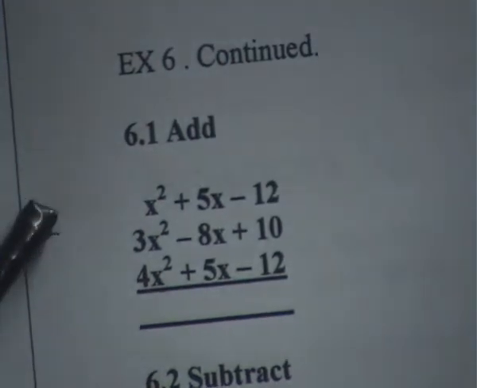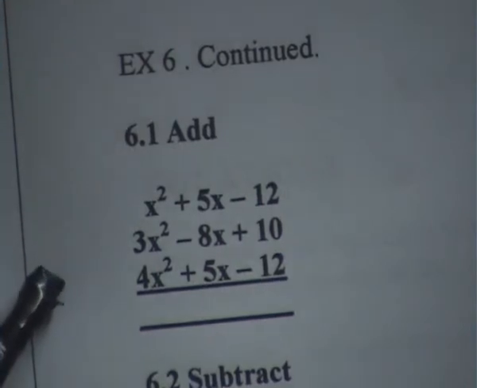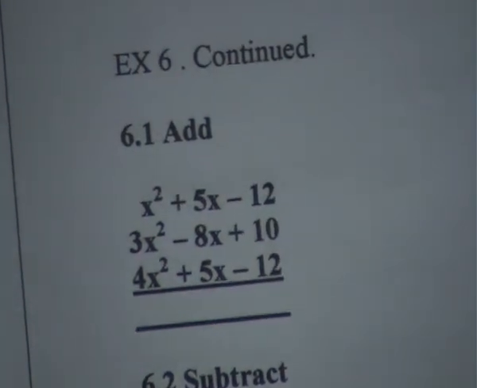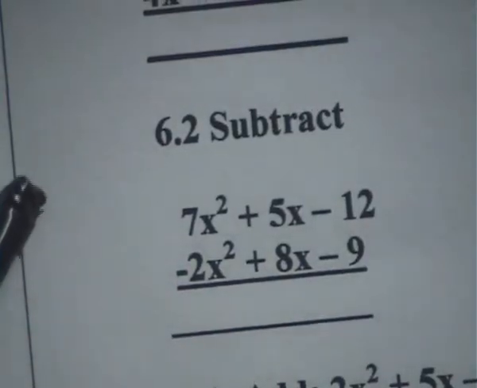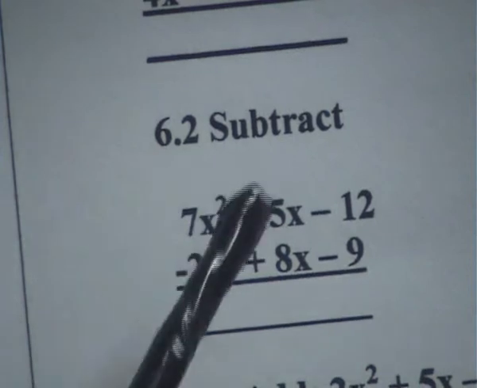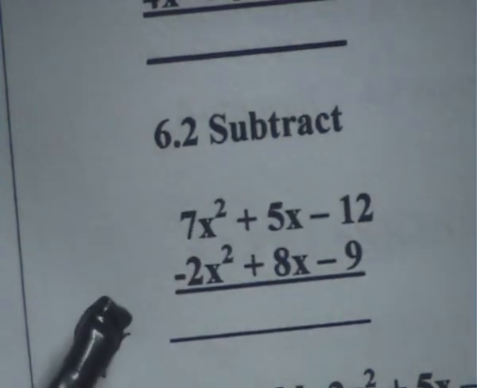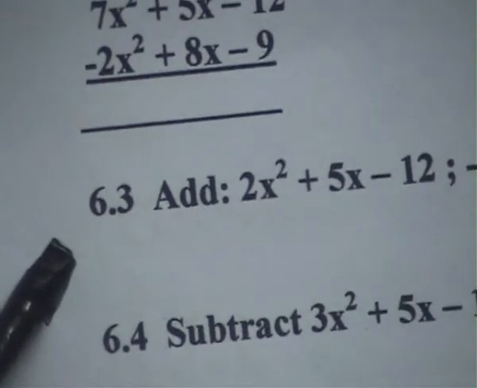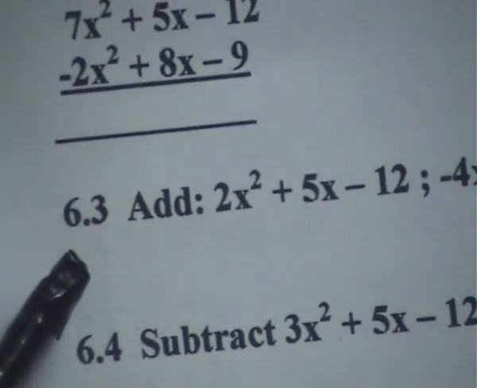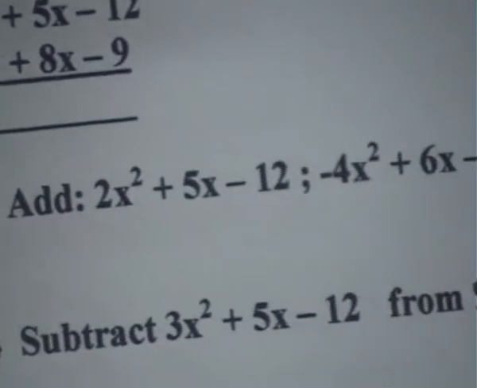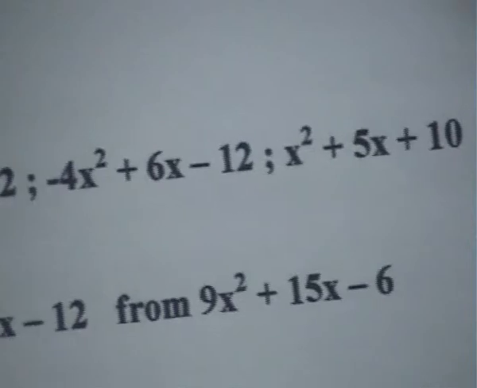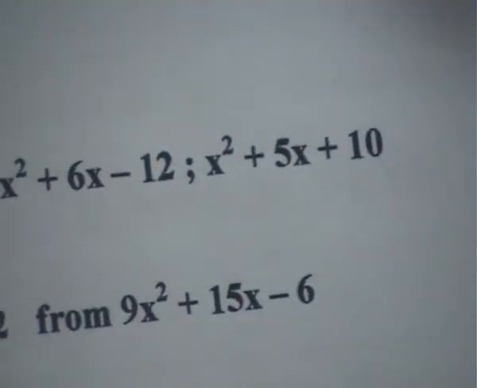6.1, add x squared plus 5x minus 12, 3x squared minus 8x plus 8, 4x squared plus 5x minus 12. 6.2, subtract 7x plus 5x minus 12, minus 2x squared plus 8x minus 9. 6.3, add 2x squared plus 5x minus 12, minus 4x squared plus 6x minus 12, x squared plus 5x plus 10.